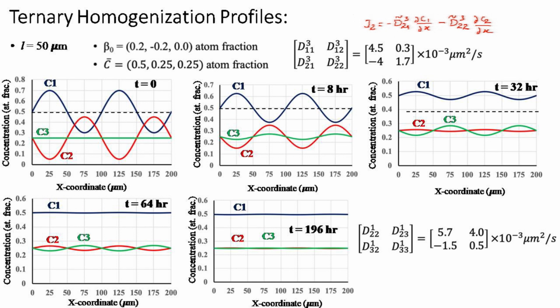So, if we ignore these effects, we would completely miss the second phase precipitation. We will wrongly predict the microstructure. This is just one example of why the cross terms are important.